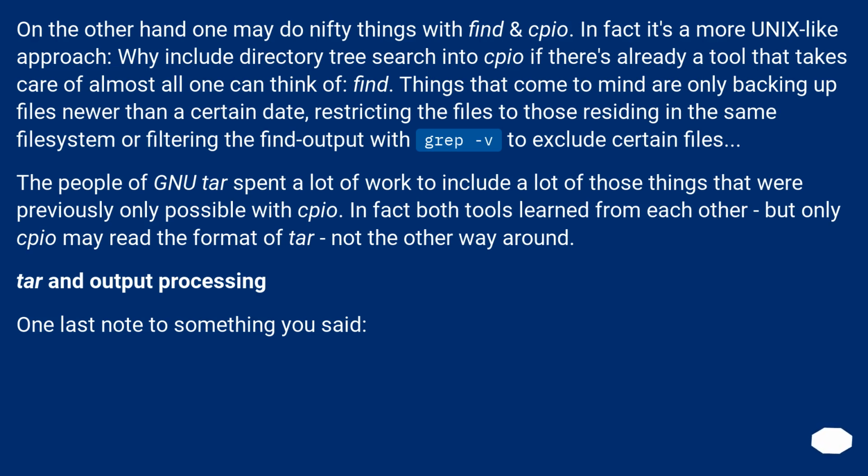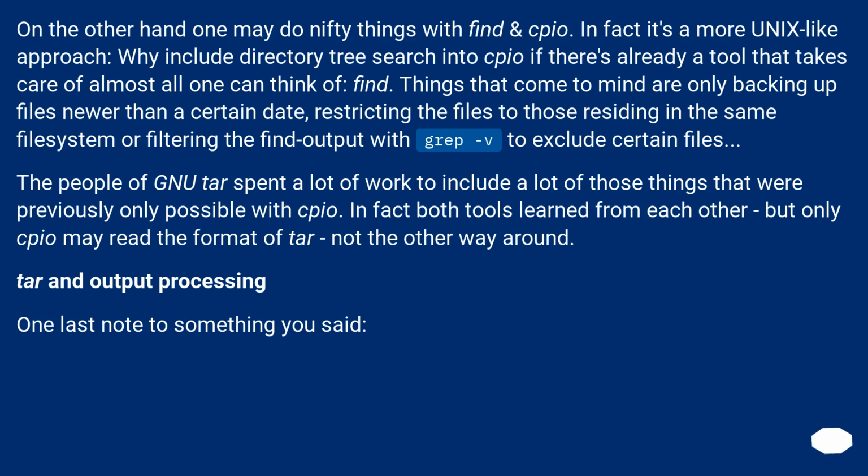The people of new tar spent a lot of work to include a lot of those things that were previously only possible with CPIO. In fact, both tools learned from each other, but only CPIO may read the format of tar, not the other way around.